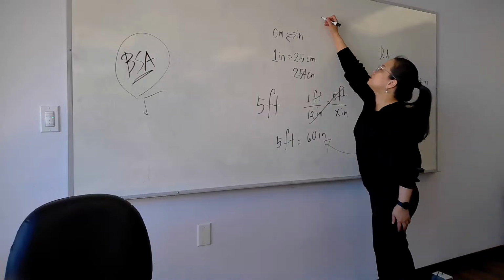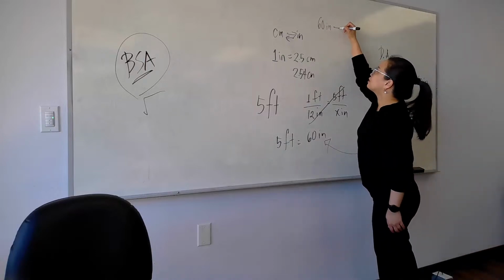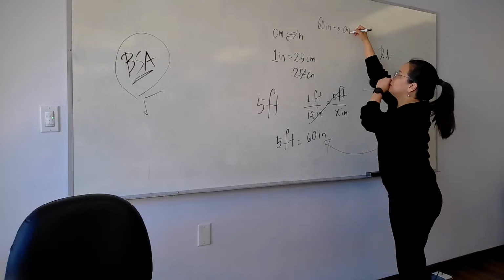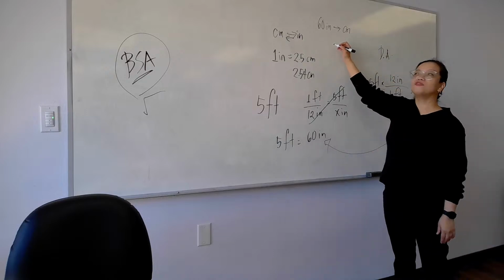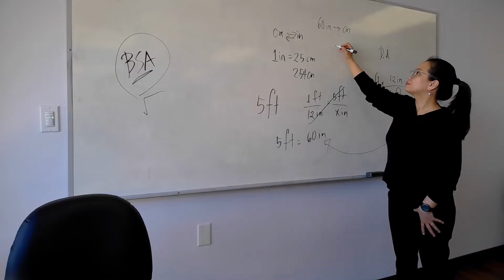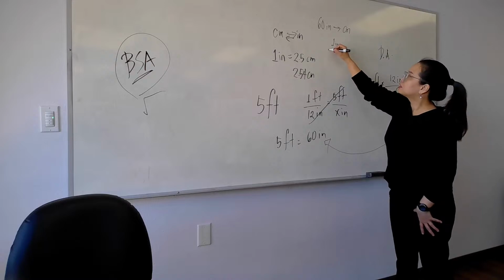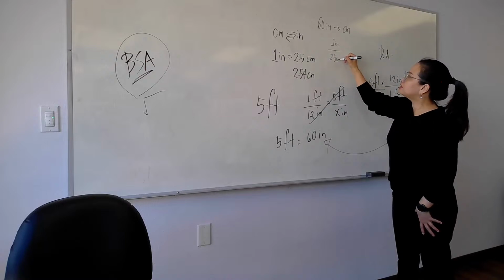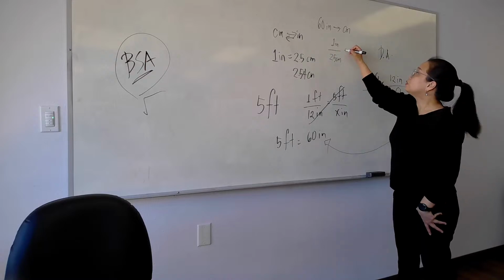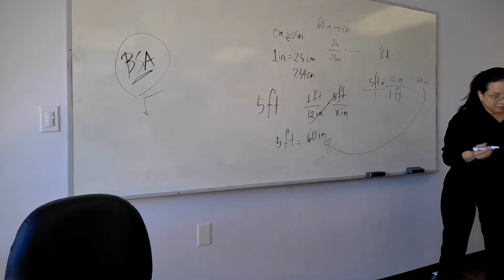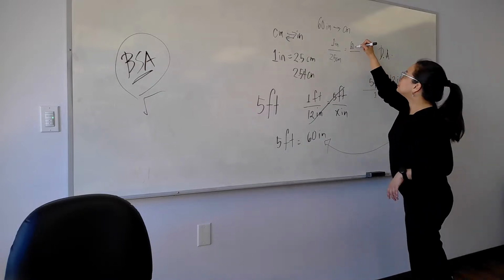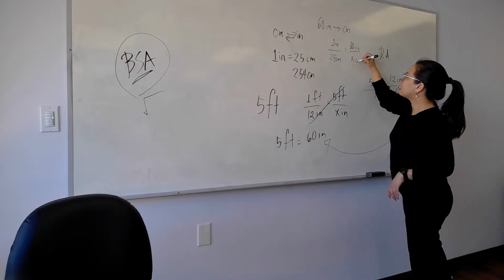Now we know it's 60 inches. Let's convert this to centimeters. I'll start off with ratio and proportion. An inch is to 2.5 centimeters equals, what do I put on top? 60. Good job. 60 inches is to X centimeters.